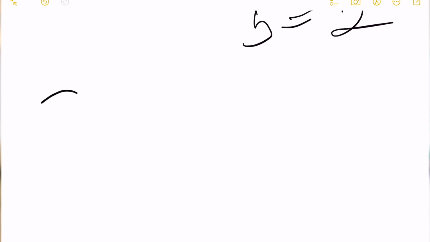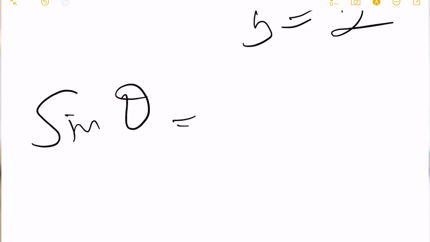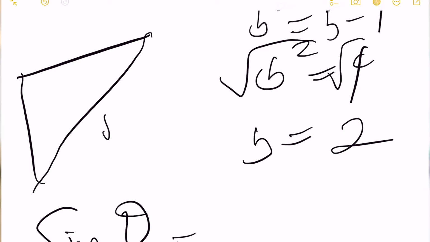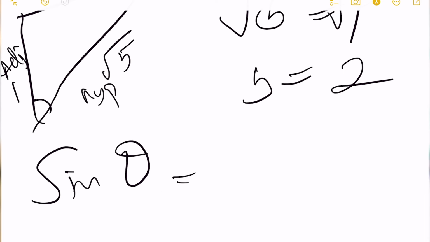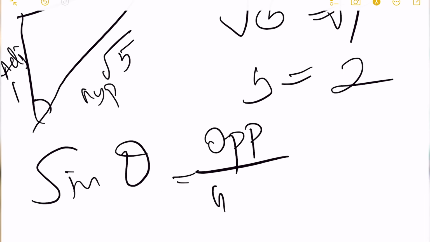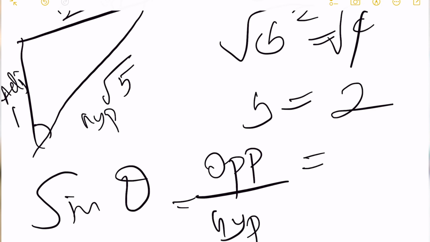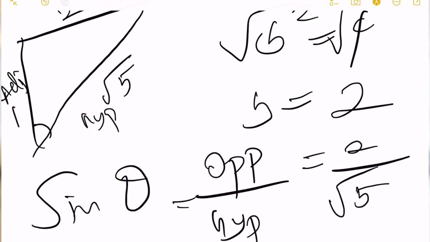Now for sine theta, where we have our triangle to be this, we have this to be root 5, we have 1, we have 2, which are opposite, adjacent, and hypotenuse. Then we have sine theta, which is opposite over hypotenuse. We have this to be 2 over root 5.